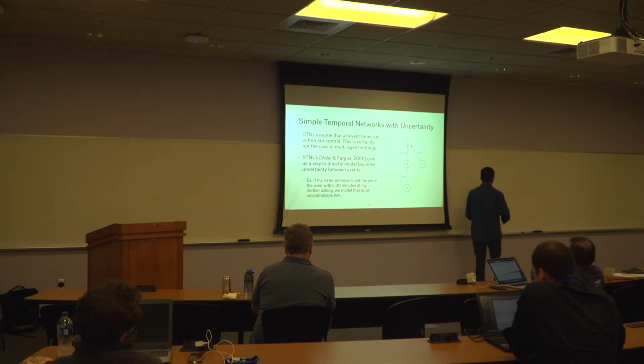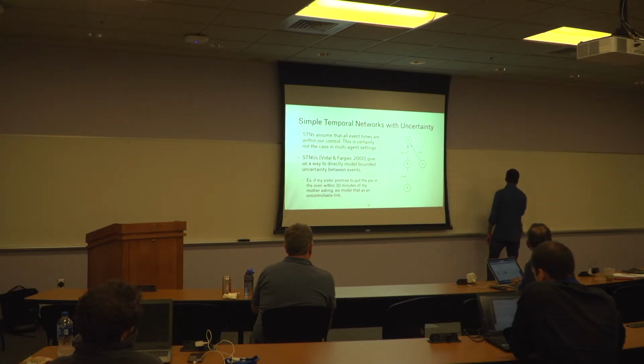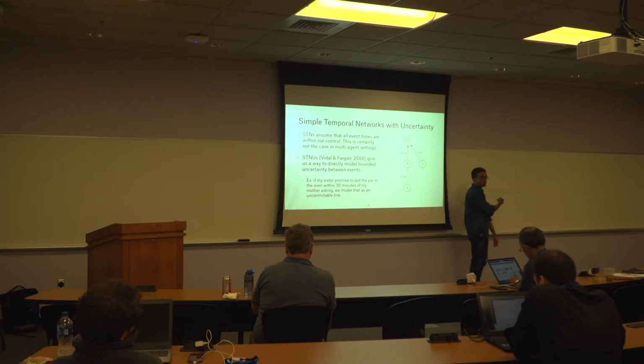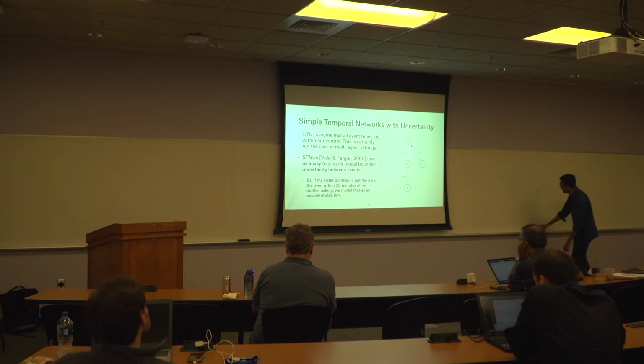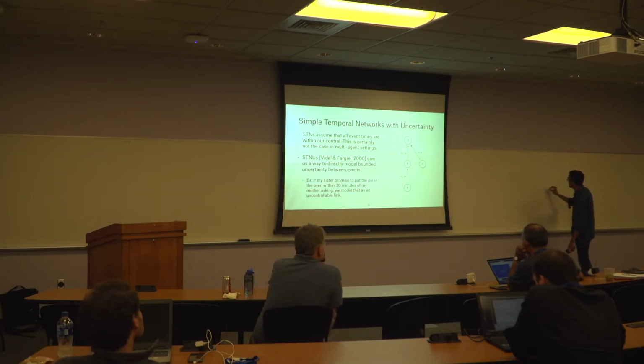Let's see. This is not a good example, but if I had B going to D, and it could take anywhere between 5 and 10 minutes, this is saying that event D must happen between 5 and 10 minutes after event B. This is equivalent to D minus B is within the range 5 to 10, which we can rewrite as 5 is less than or equal to D minus B is less than or equal to 10.